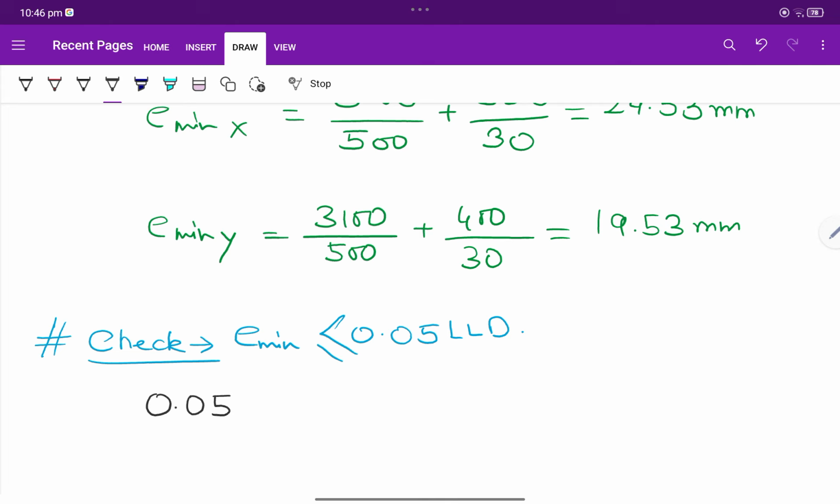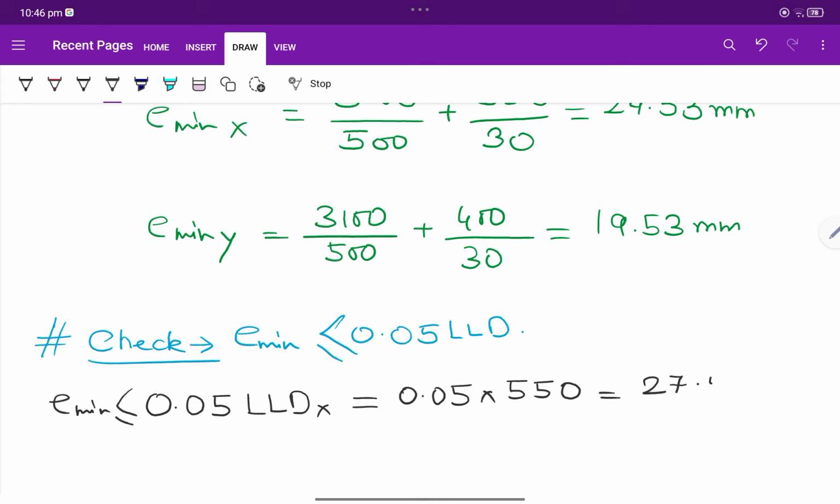0.05 LLD for x direction, that is 0.05 into 550. This is for x direction. This E minimum value should be less than or equal to, so if you calculate this, it will come to 27.5 mm.